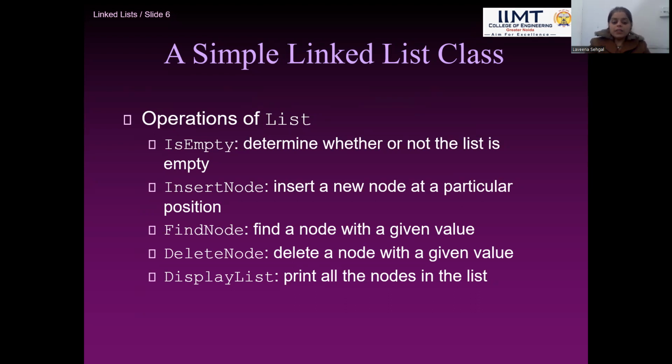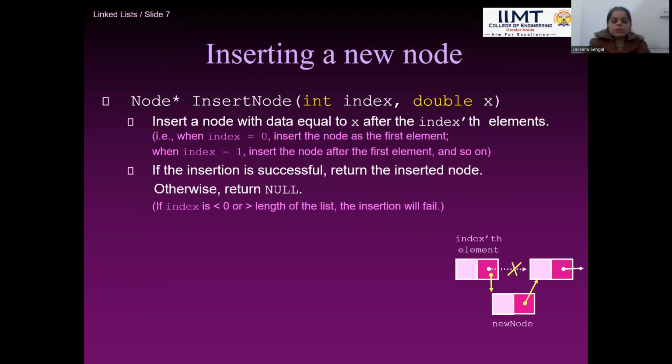Then, how we can find a node with a given value. If we have the address of a value, we can easily find it. Then, how we can delete a node with a given value, and print all the nodes in the list.